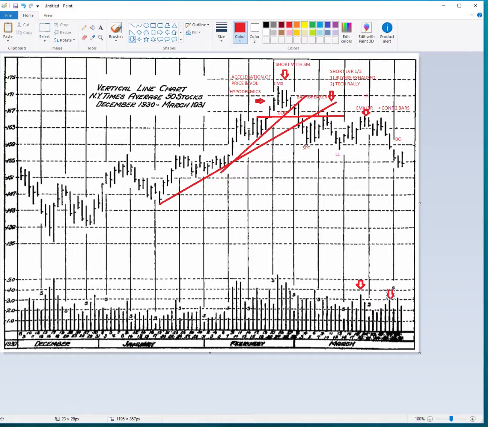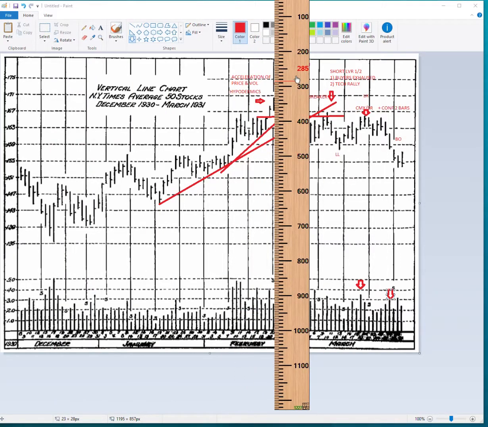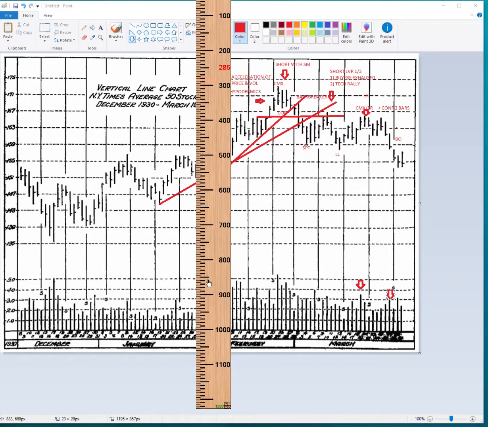Now also, what he did was he compared the volume here, let's say, to the February rise. So he's looking at this volume, and he says it's lower than the February volume.